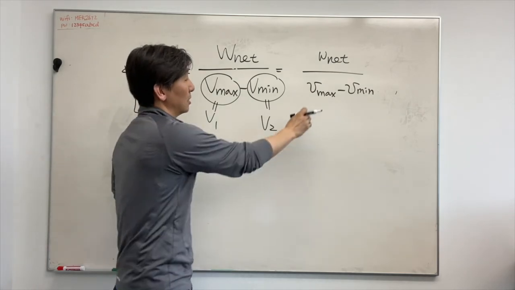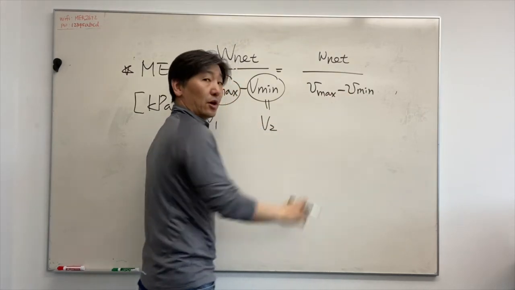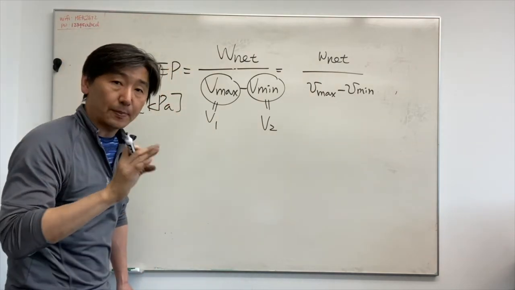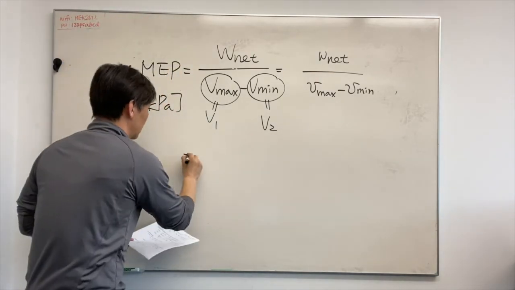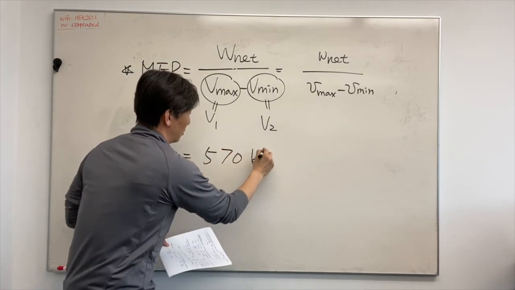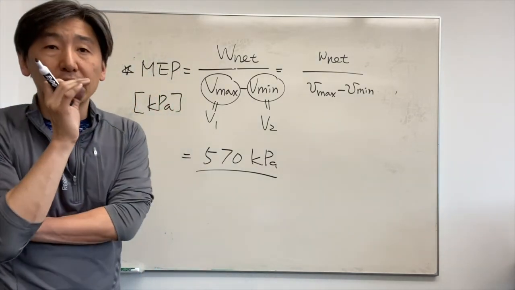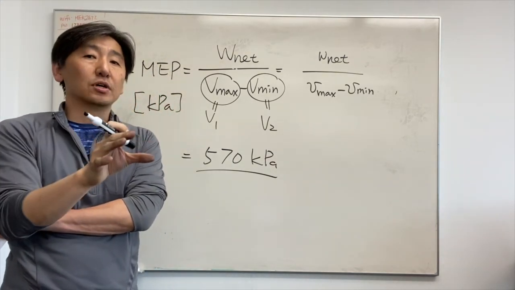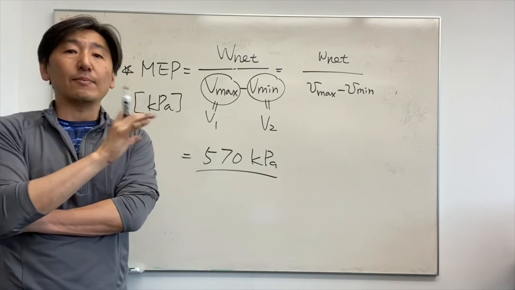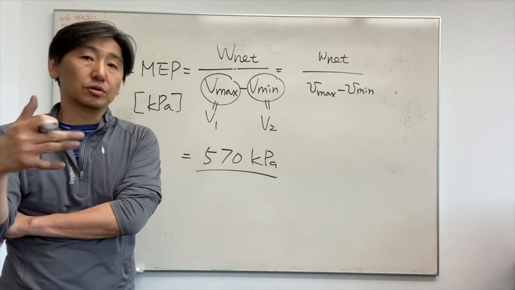And we know the specific volume at 1 and the specific volume at 2. So we can calculate this MEP for that specific spark ignition engine, and that gives us 570 kilopascal. By only looking at that number, it is pretty hard for you to evaluate whether or not this engine is good. But MEP works pretty well when you try to compare two types of engines.